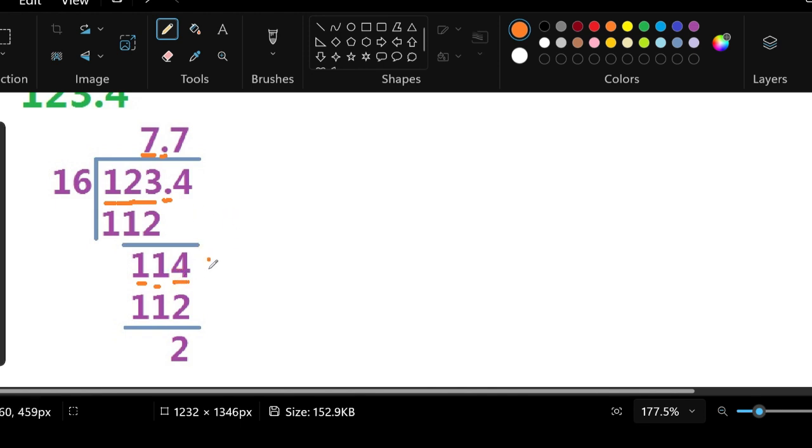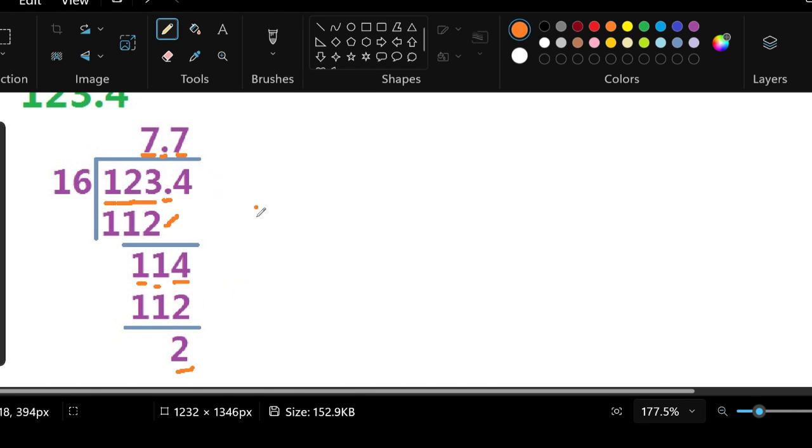And therefore, 114 is greater than 16. So how many 16s are there in 114? We remember our answer a while ago, 112 with 7. And so we put 7 here as well, and we put 112 here because 7 times 16 is 112, and we have a 2 afterwards after subtraction.